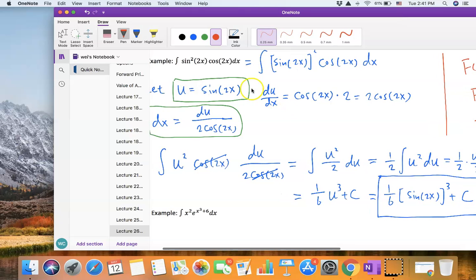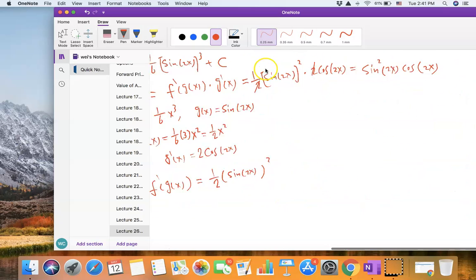Okay, now in this case, what if we let u be cosine of 2x? Can we still solve this problem? Okay, let's see.